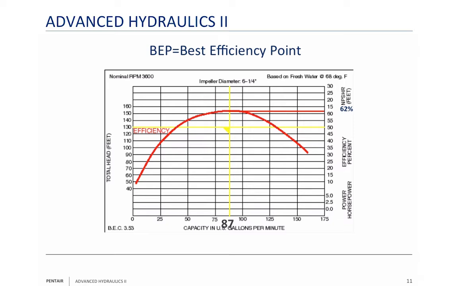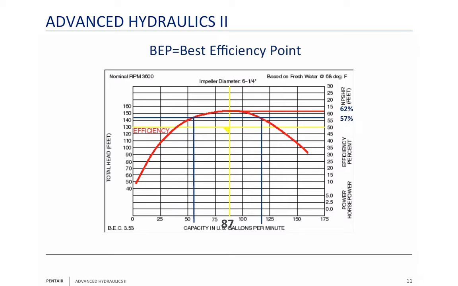Now, what does it mean? It means if I take 62 and I subtract 5, I get 57. Draw a line right across 57%, and you can see you're crossing that efficiency line twice. Once on the low side of the flow, once on the high side of the flow.